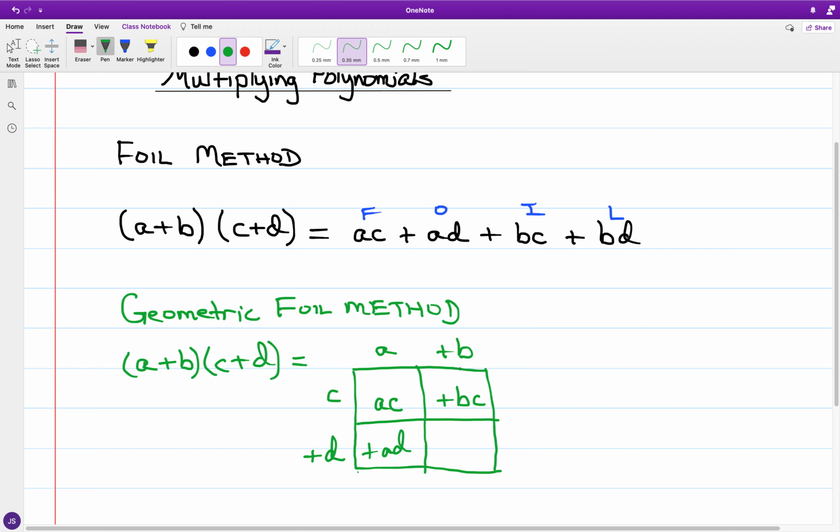And with the completion of the second column, we have b and d intersecting, so you have plus b times d. And guess what? I have the FOIL layout. So you still have ac plus ad plus bc plus b times d.